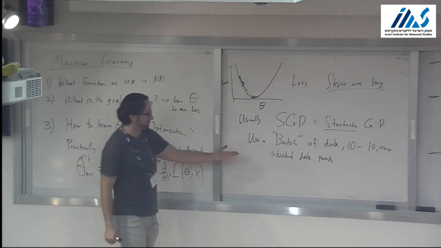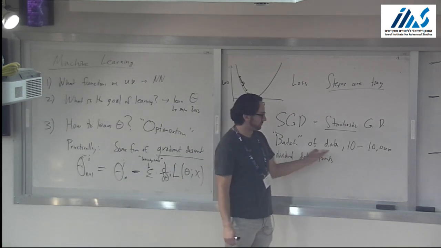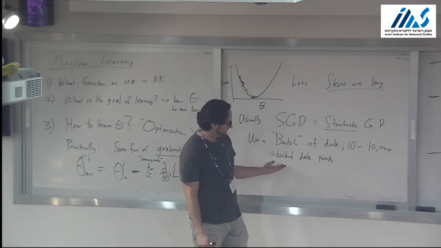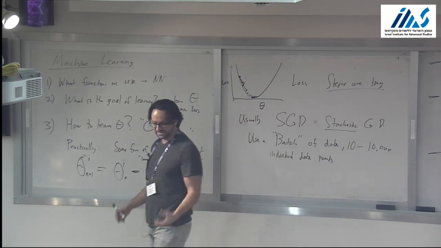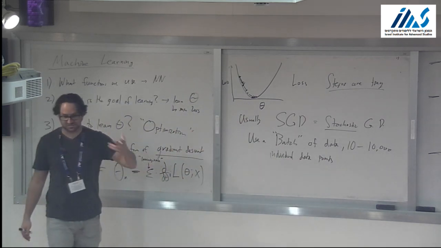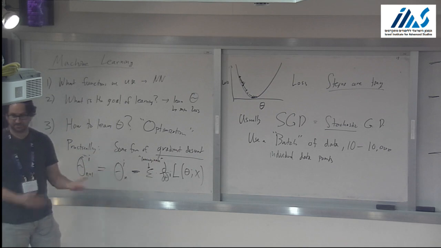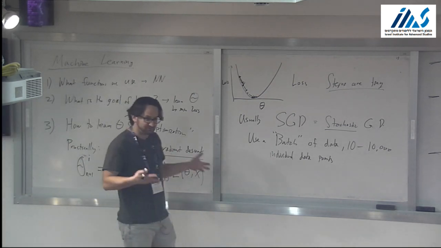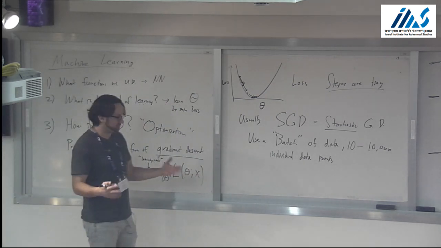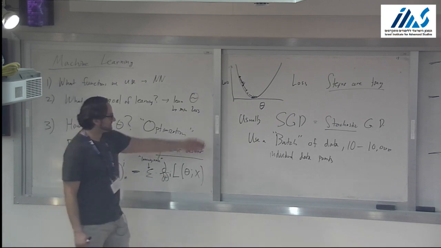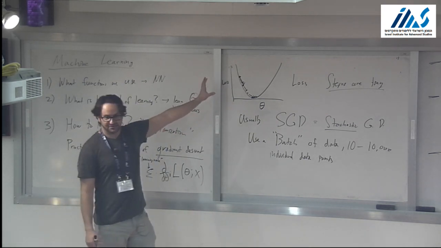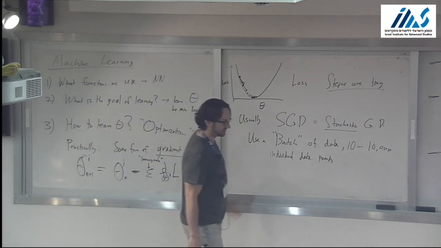But here you're trying to be efficient, which means that there's going to be some real tangible noise due to the fact that you're not using the full data set. And that means the potential is actually a different potential on one step compared to the other. I mean, hopefully they average out to give you the full potential in some sense, but really there's a lot of randomness. The potential is fluctuating a lot in itself.